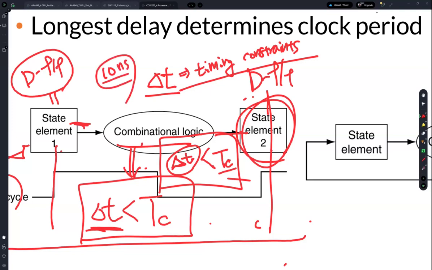Then the clock period needs to be larger than 10 nanoseconds. It can't be 9 nanoseconds; it could be, for example, 11 nanoseconds. Then this is the clock period of this system, right? So actually we need to reduce this delay in order to improve the performance of our system, our CPU, right?